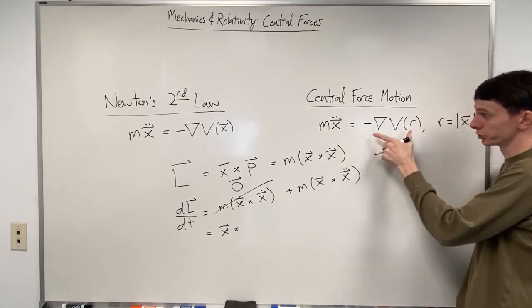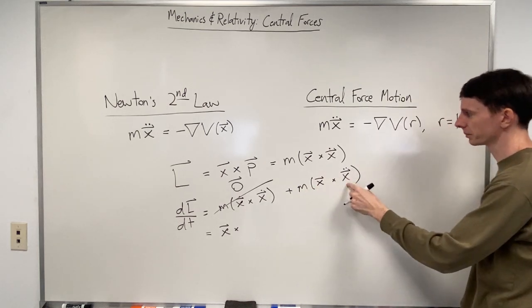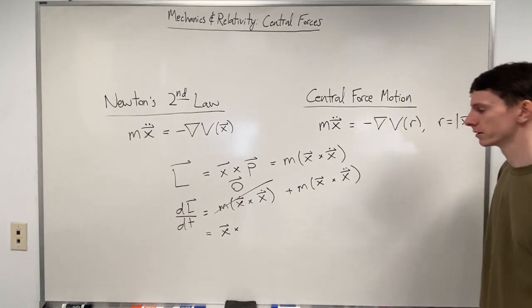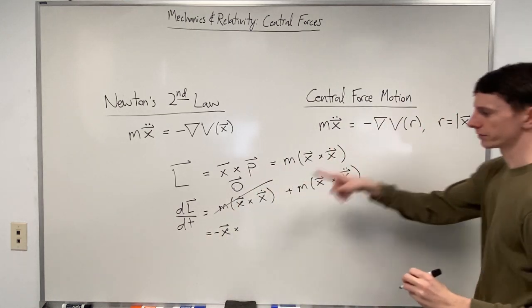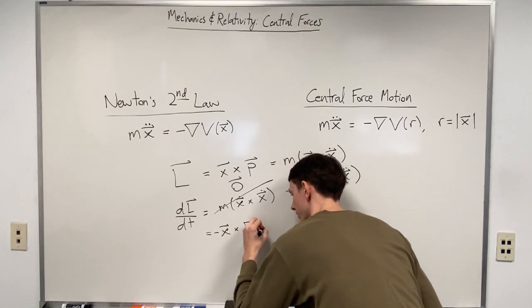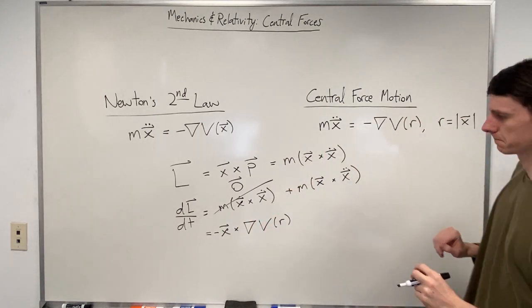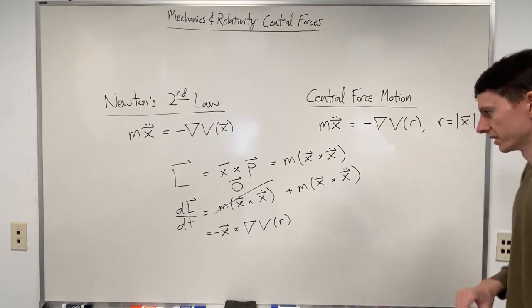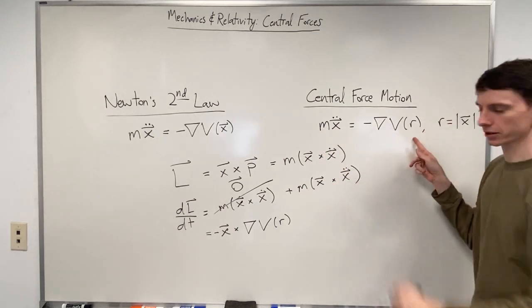So that's equal to this quantity right here. And I'm going to rewrite m x double dot as the negative gradient of the central potential. So there's going to be a negative, that's why we have that factor right there. And now I'm just going to write the gradient of V of r, like this, okay? So hopefully that makes sense, just bringing m back in here and then applying Newton's second law.